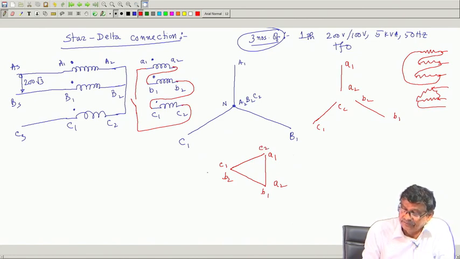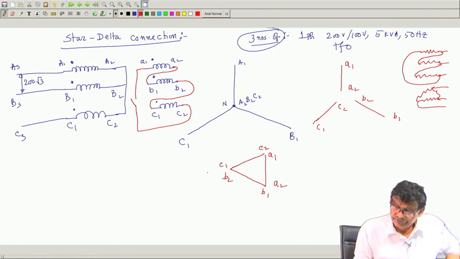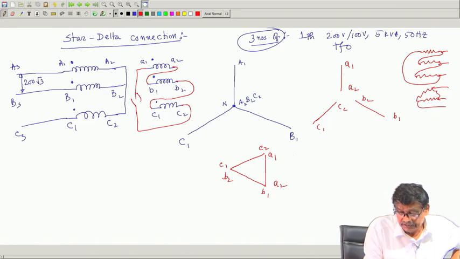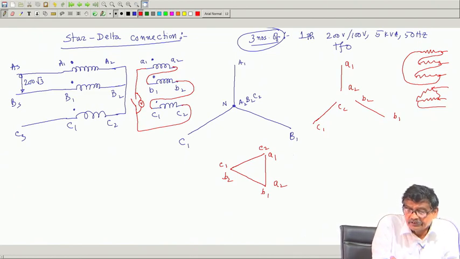This is how it will be connected. Got the point? Now, suppose I take a voltmeter and connect across this switch. I measure the voltage across A1, A2, these all will be 100 volts.